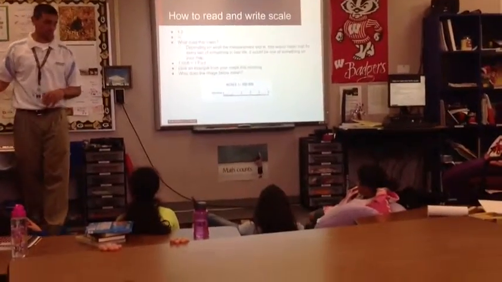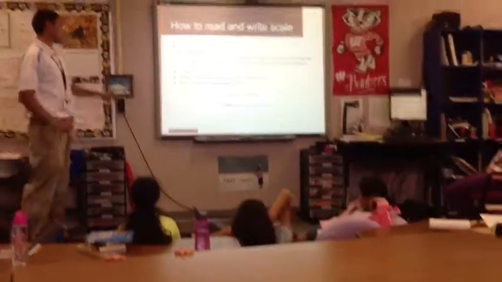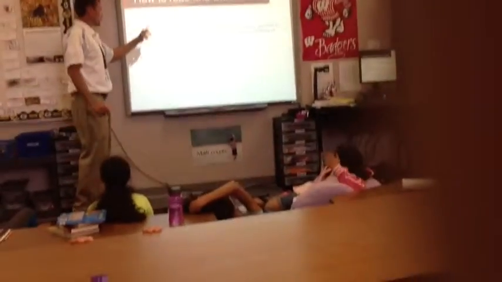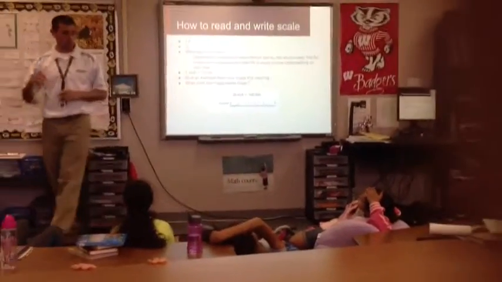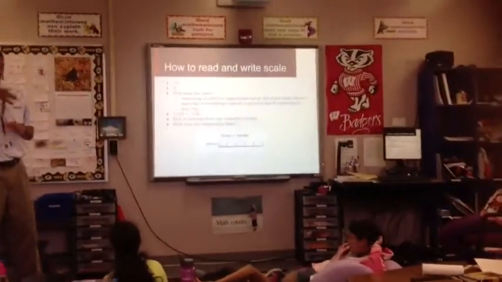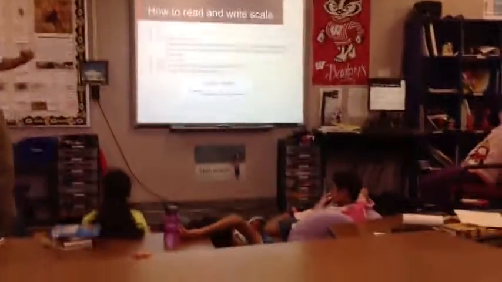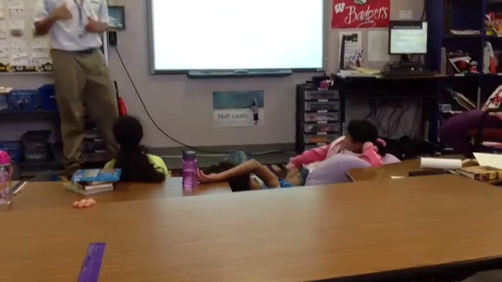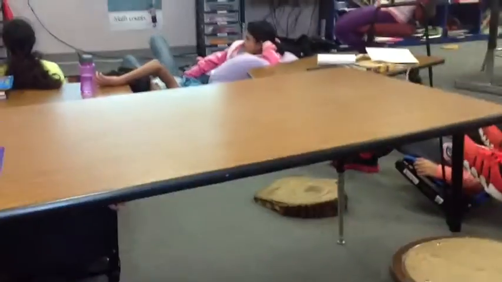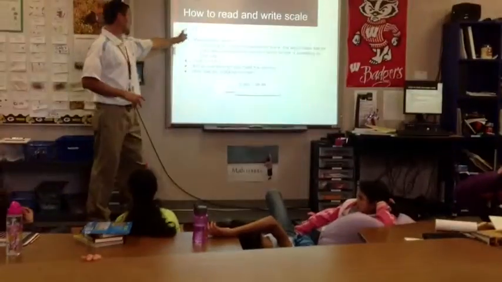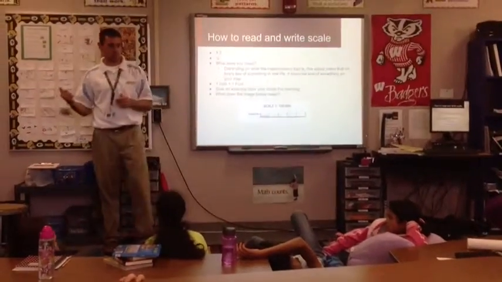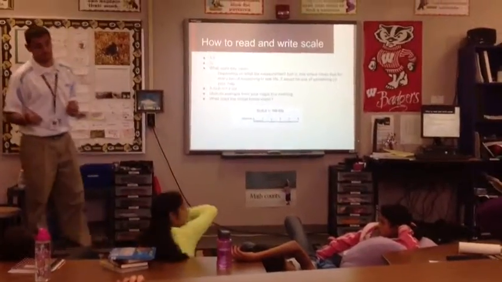There are a couple different ways that you can write and read scale. The first one is, like I said, the colon. Also, you can write it as a fraction. If our scale is 1 to 2, it could also be written as 1 over 2. So 2 parts compared to 1 part. Someone tell me what you think 1 to 2 means.